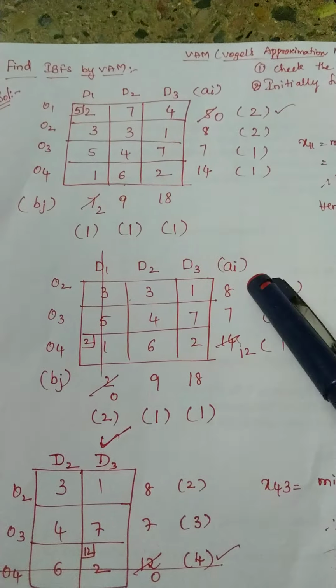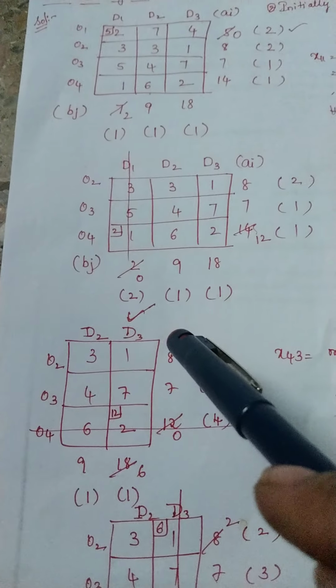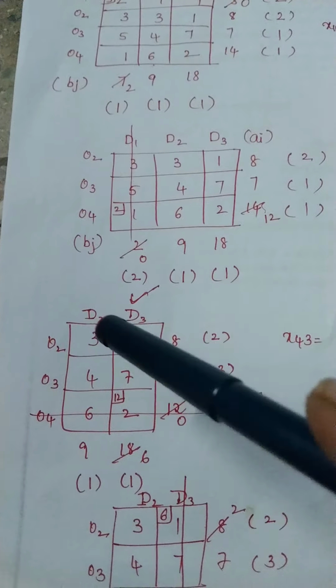In a similar way, we write the remaining matrix in the next one. That is 3, 1, 4, 7 and 6, 2. Since D1 is deleted, we are not writing that. So here there may be a change in the origins, not in the destinations.